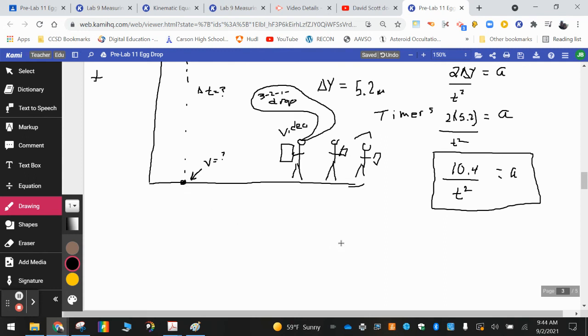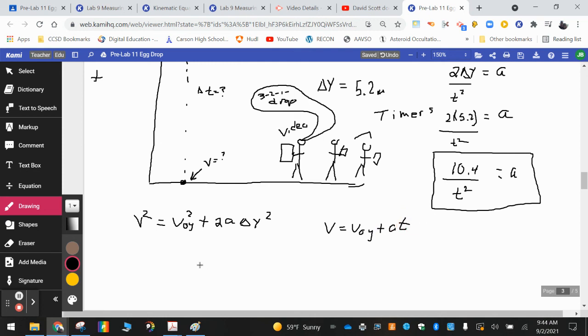Now our third objective is to find the velocity prior to impact. There are a couple of equations we have. We have v squared equals v0y squared plus 2 a delta y. We also have v equals v0y plus a t.